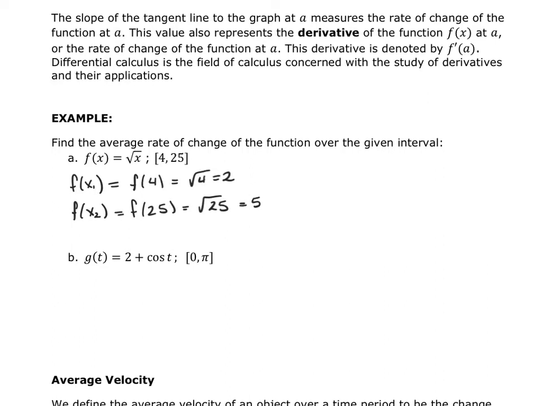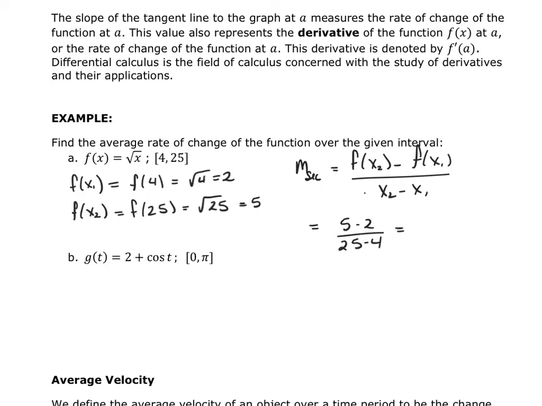Now, the average rate of change is the slope of the secant, which is equal to f of x sub 2 minus f of x sub 1 over x sub 2 minus x sub 1. In this case, this is 5 minus 2 over 25 minus 4. We end up with 3 in the numerator and 21 in the denominator, in other words, 1 over 7.